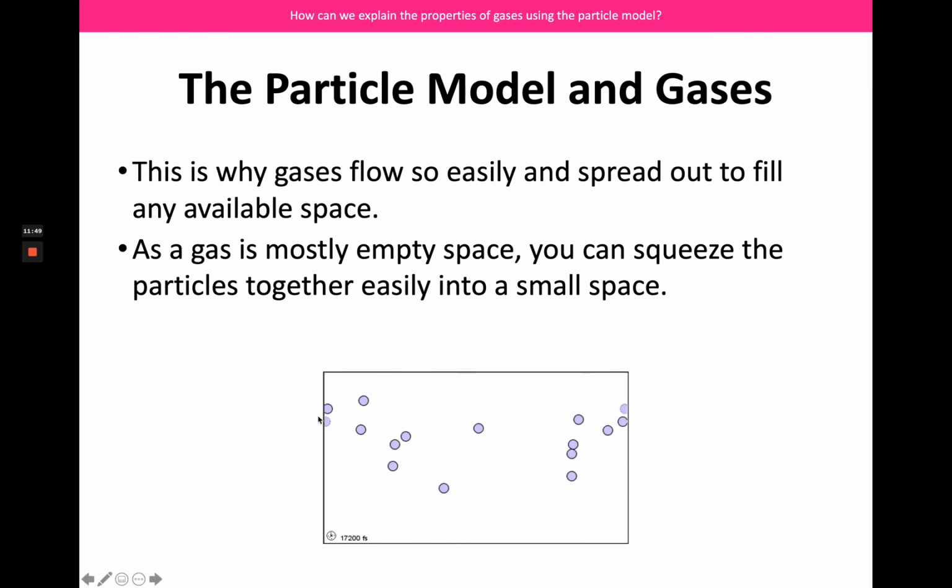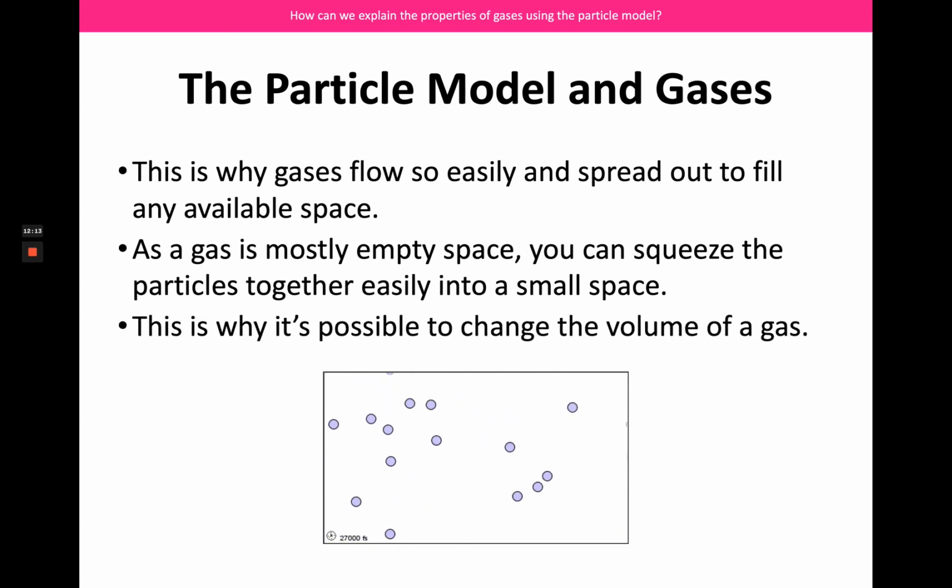If we pushed in the side walls and the top walls, we would be able to make those particles take up a much smaller space, a much smaller volume. So this is something that absolutely distinguishes gases from solids and liquids: the fact that they can be compressed. There is a lot of space between the particles, and we can take advantage of that to squeeze the particles into a smaller space. And that's why it's possible to change the volume of a gas.